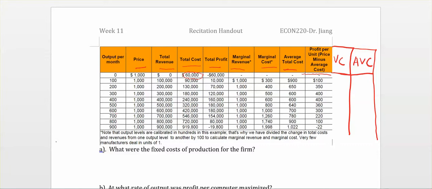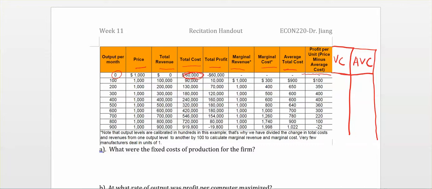That is what we've learned. So if we have 0 output and total cost equal to $60,000, that must be the fixed cost. Because before we have production, we need to buy the machine and rent the place to run the factory. So the machine and the rent for the place are all counted as our fixed cost.